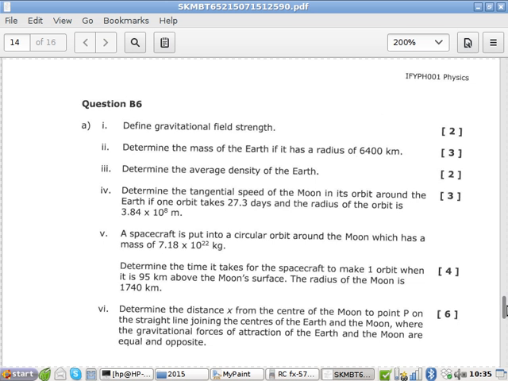Determine the mass of the Earth if its radius is 6400. Okay, so what information do we have here about the Earth? We know its radius. But is that enough? Yes, it is actually. The little hint they're trying to give you is you should be looking at the gravitational field strength formula, because the first thing was asking you what it is.